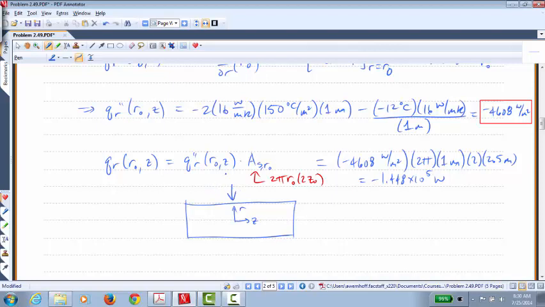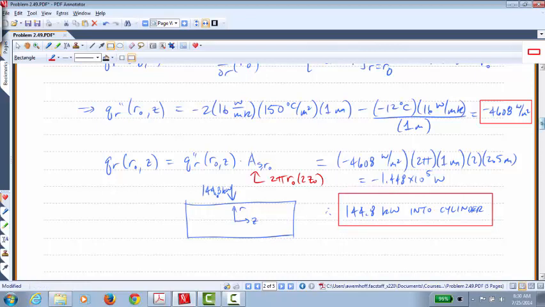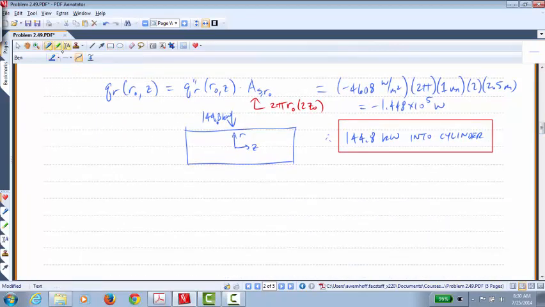So we're saying here that the total amount of heat then is going to end up being 144.8 kilowatts coming into the side of the cylinder. And that ends part C.